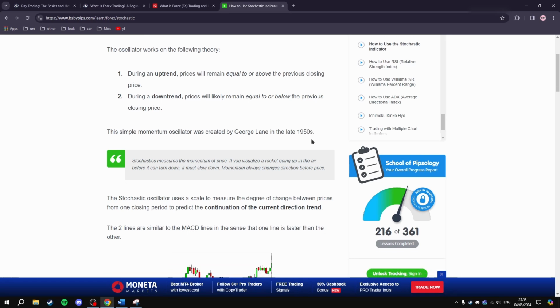Stochastics measures the momentum of price. If you visualize a rocket going into the air, before it can turn down, it must slow down. Momentum always changes direction before price.